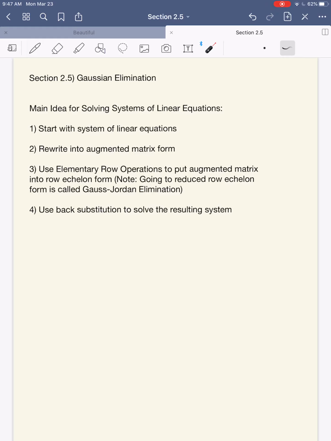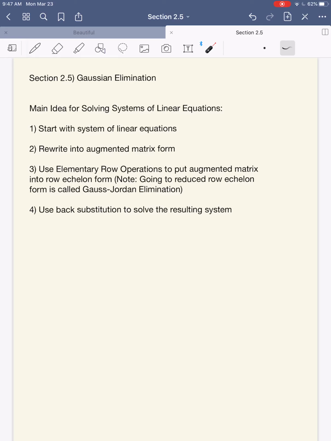Then you rewrite it into an augmented matrix form. Remember, an augmented matrix form is the matrix of all the coefficients, then that little vertical line that separates it visually, and then a column for all the constants that the system is equal to.